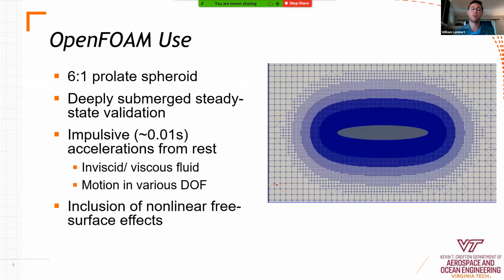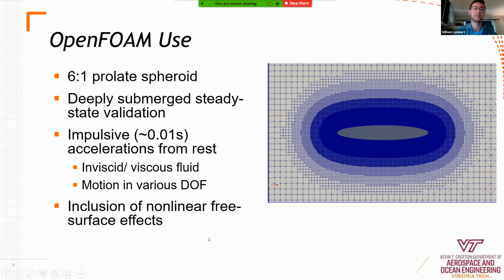For our test, we used a 6:1 prolate spheroid, a pretty simple shape, and ran some deeply submerged steady state validation cases just to test the use of OpenFOAM and its ability to look at different inviscid and viscid fluids, especially when we move towards these impulsive accelerations from rest. When I say impulsive, I mean that we're running very short accelerations on the order of 1/100th of a second, so that the memory convolution integral does not come into effect.